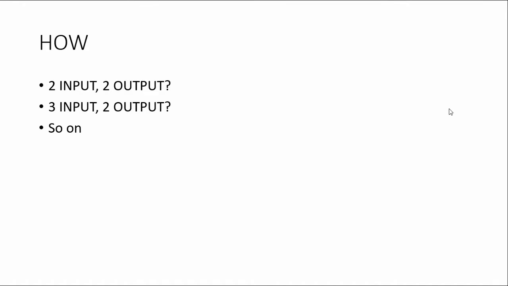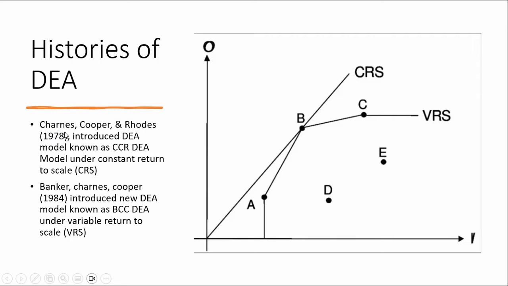What if we have two inputs and two outputs, maybe three inputs and two outputs, and so on? The researchers Charnes, Cooper, and Rhodes introduced the DEA model known as CCR-DEA. CCR comes from Charnes, Cooper, and Rhodes, under constant returns to scale.